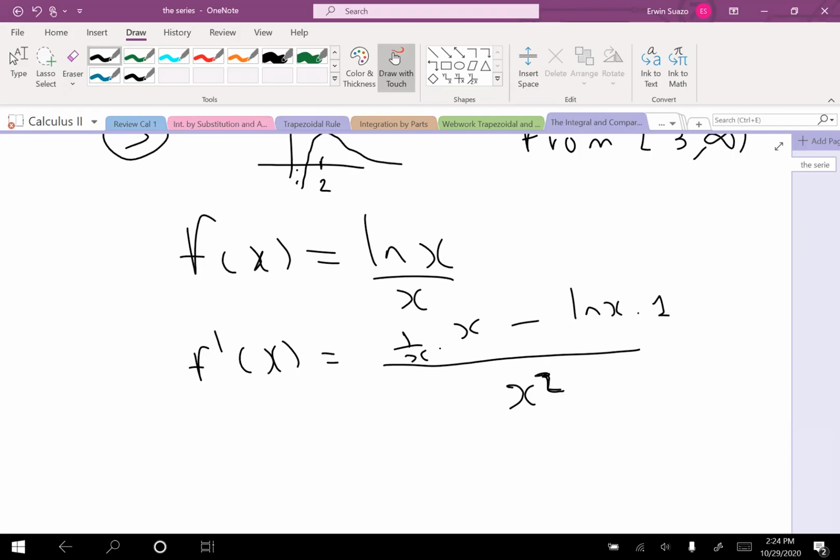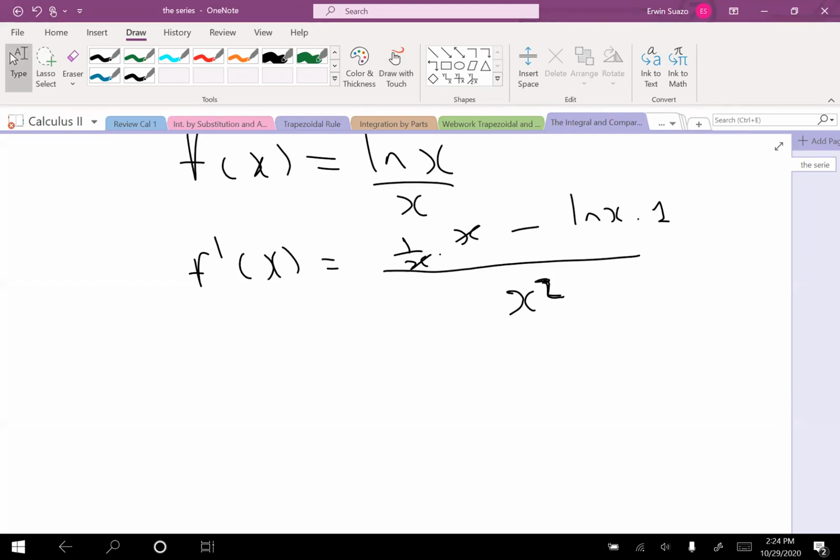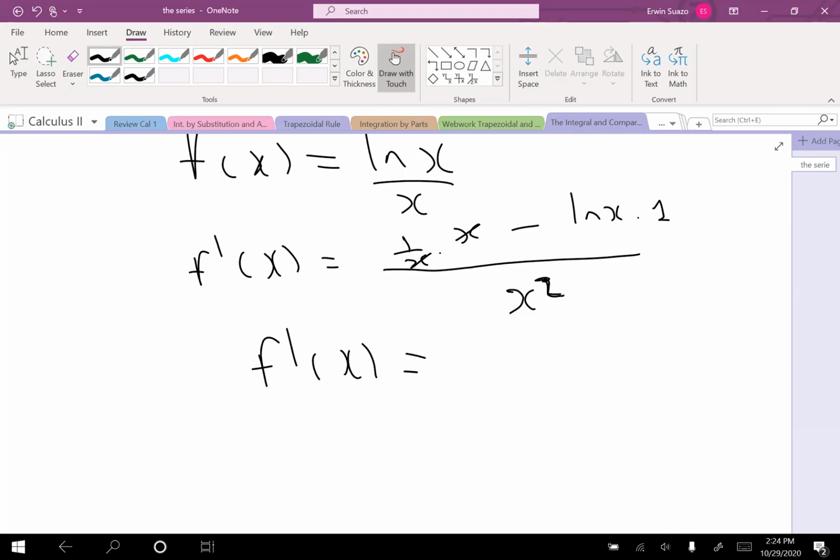So we got ln of x. This x cancels with this x. So we got f prime of x equals 1 minus ln of x over x squared.